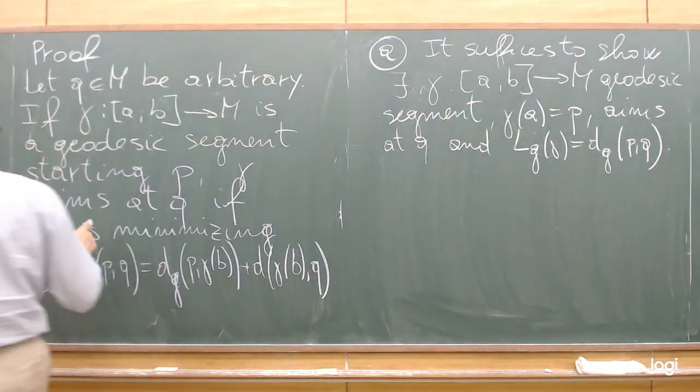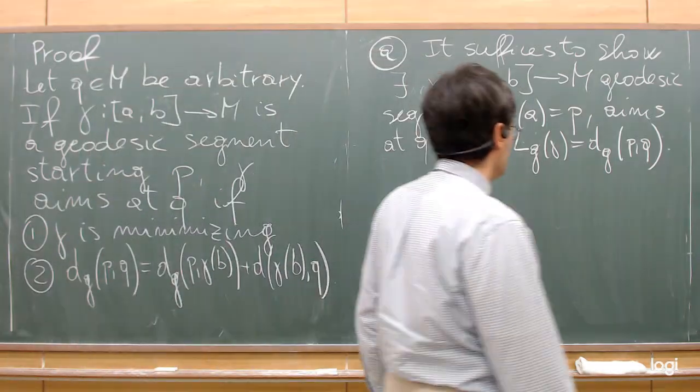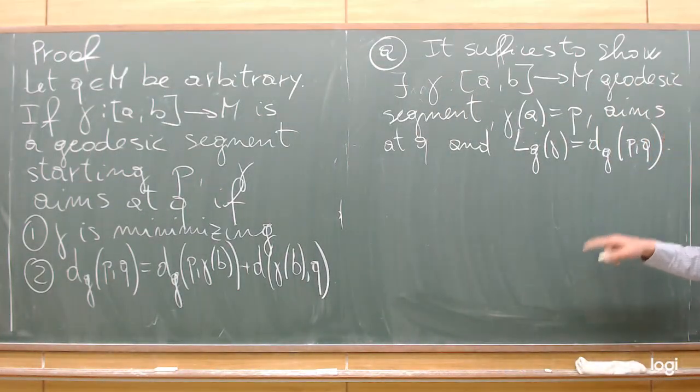Because if this geodesic segment aims at Q, then it is minimizing, and this combined with this identity proves that there exists a minimizing geodesic segment from P to Q.